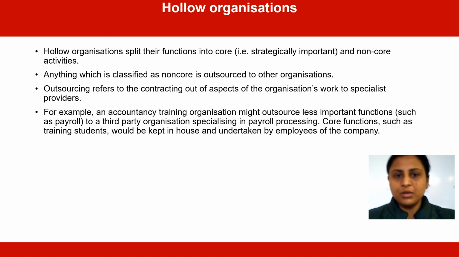For example, if there is an accountancy training organization, it might outsource less important functions such as payroll to a third-party organization which specializes in payroll processing, and core functions such as training students would be kept in-house and undertaken by employees of the company.